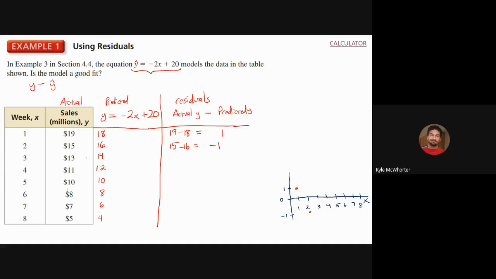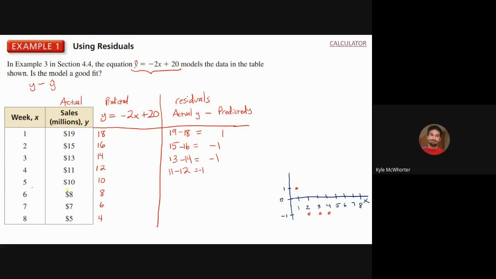When x is 3, we're doing 13 minus 14, which is negative 1. When x is 4, we're doing 11 minus 12. That's negative 1. So the residual when x is 4 is negative 1.